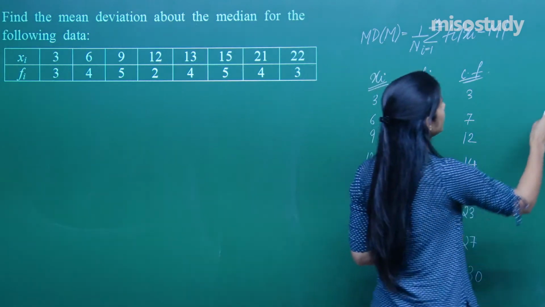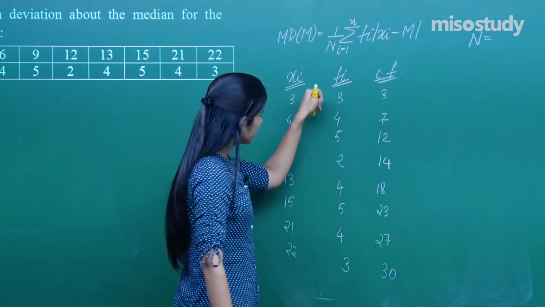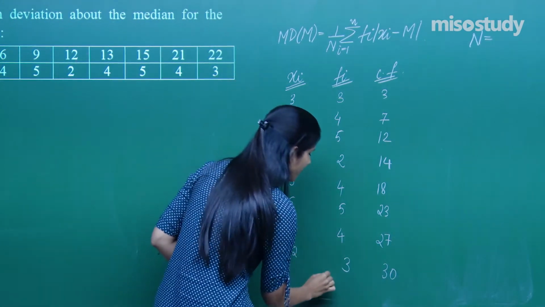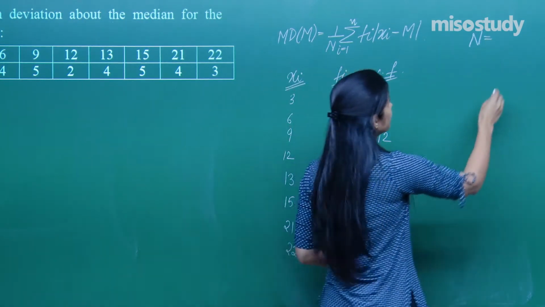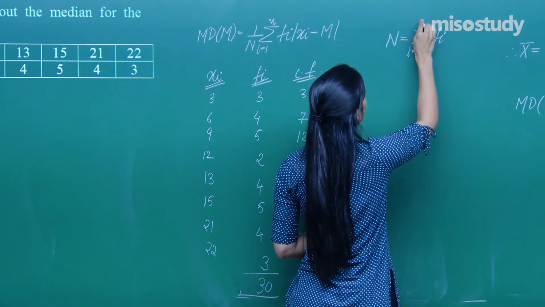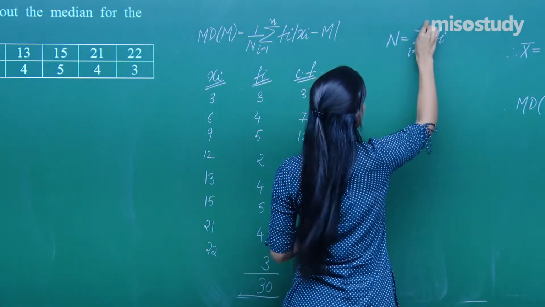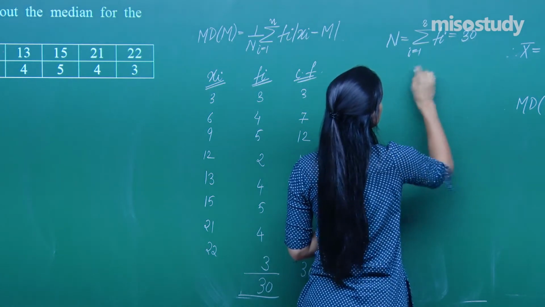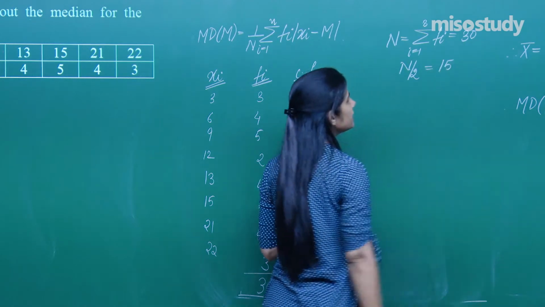Calculate capital N. Capital N is nothing but the sum of these frequencies, which is going to come out to be 30. If this is coming out to be 30, N by 2 is coming out to be 15.